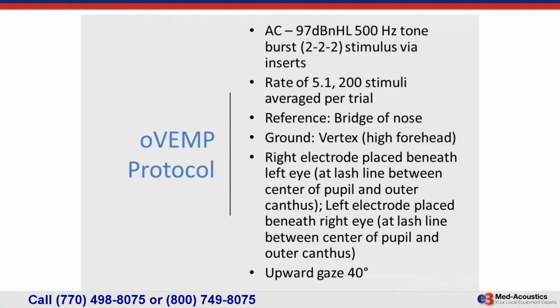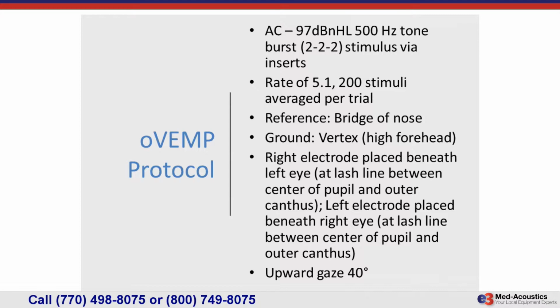And this is the protocol that we use. We use as high an intensity air conduction as we can get, a 500 hertz tone, and depending on which piece of equipment you're using, it may be different. With the Interacoustics, we typically use 97 dB NHL, 500 hertz tone burst, and we're using a stimulus envelope of 222.